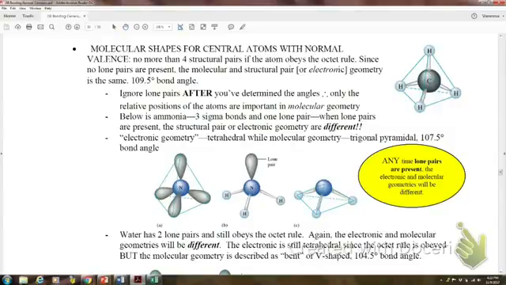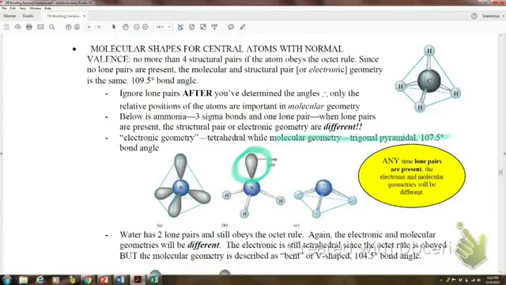The electronic geometry for NH3 is actually tetrahedral, but its molecular geometry, of course, is trigonal pyramidal, because the lone pairs are taking up space around the atom. So we end up with a trigonal pyramidal molecular geometry, which is what we would have done in Chem 1.